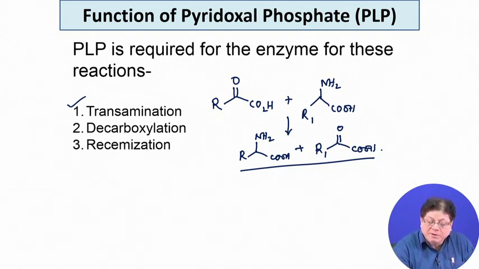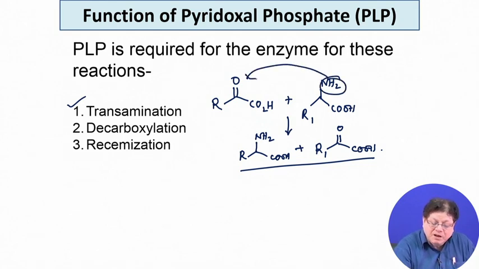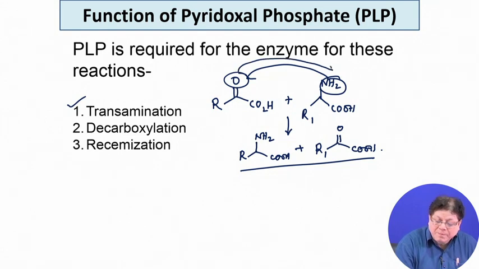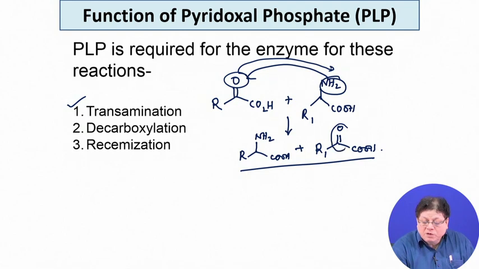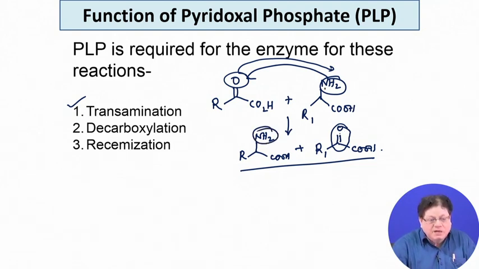Apparently this oxygen is transferred here, but as we go through the mechanism, you will see that this oxygen results from water. It is not that this oxygen is transferred here and this amine is transferred in place of oxygen. The amine is true, the same nitrogen is here, but this oxygen is derived from water. So, this is what transamination is.